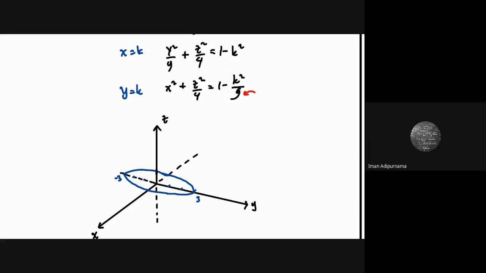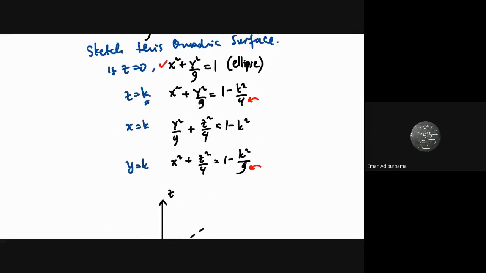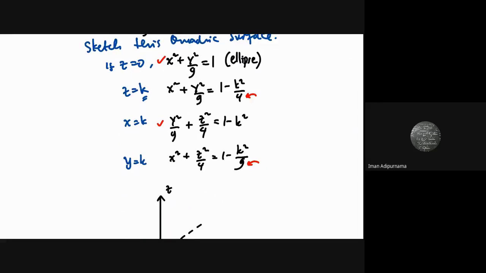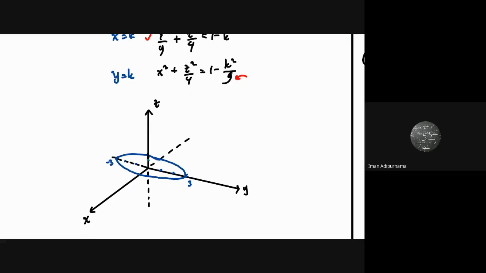And now the other one is YZ. Here Y is 3 and Z is 2 because it's 4. So Z is maybe here and the other one is here. So it starts from here, going there, and going there, and going here.